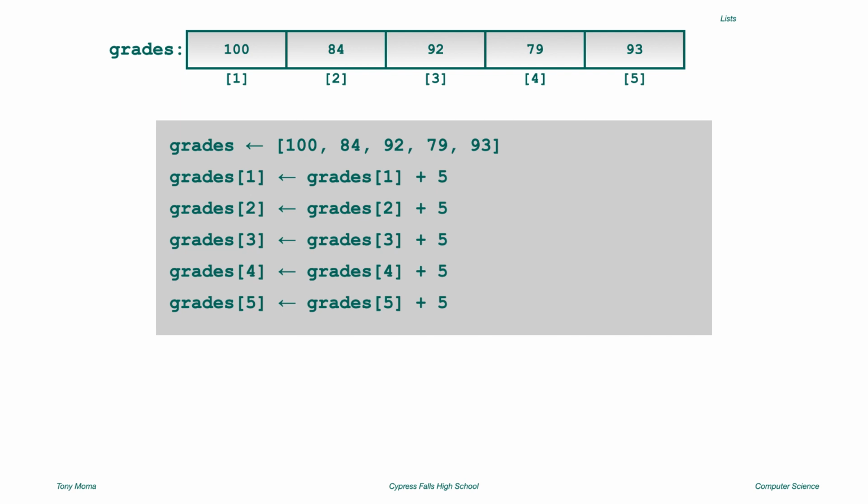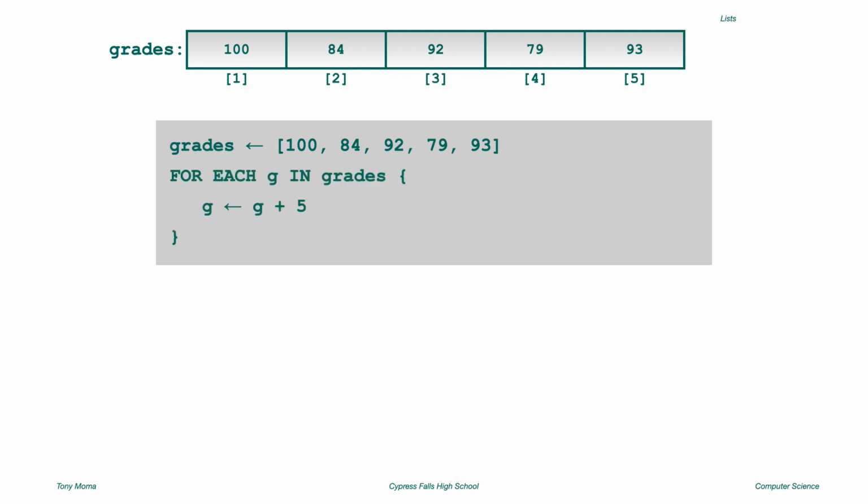A better way would be with a for each loop, where in this case, the list that we're iterating through is the grades list, and the variable we're going to use to refer to each element in the list is G. Then inside the curly brackets, we're going to simply say increase G by 5, curve it by 5. And that will then lead to each value in the list one by one getting increased by 5.